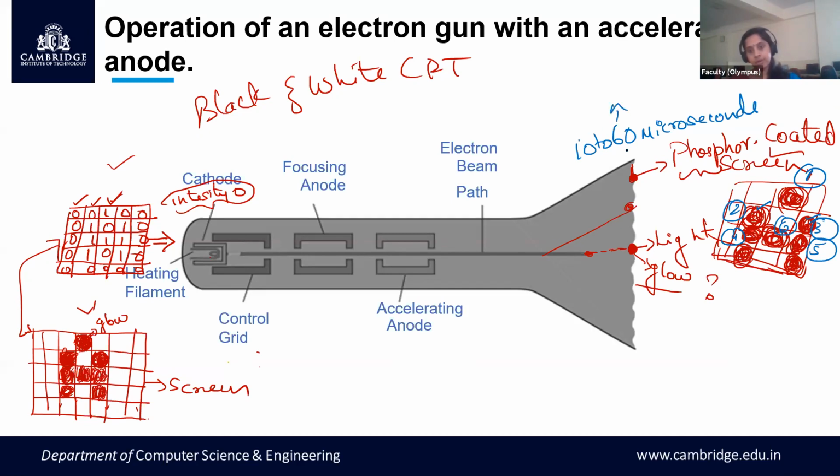The higher the quality of the phosphor, it retains for 60 microseconds. The lower the quality of the phosphor, it retains for 10 microseconds. Is that clear? So now what is the solution? The image will not be retained.